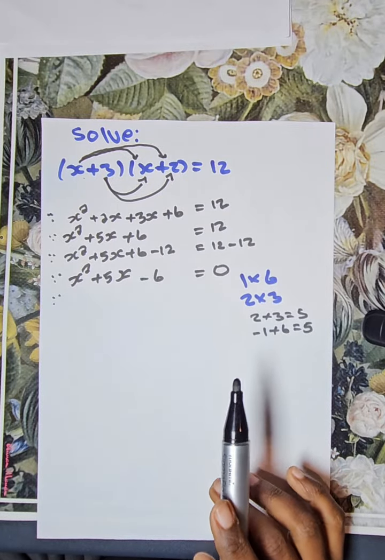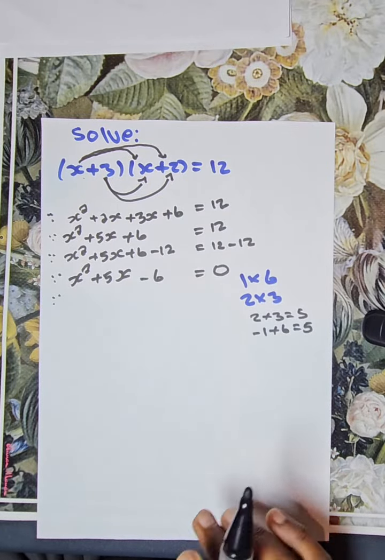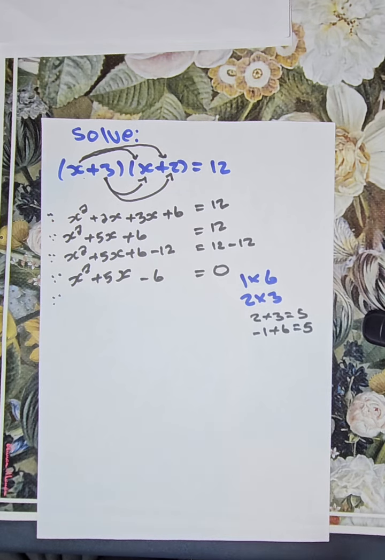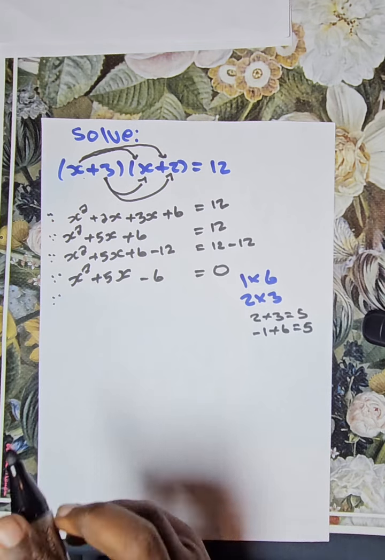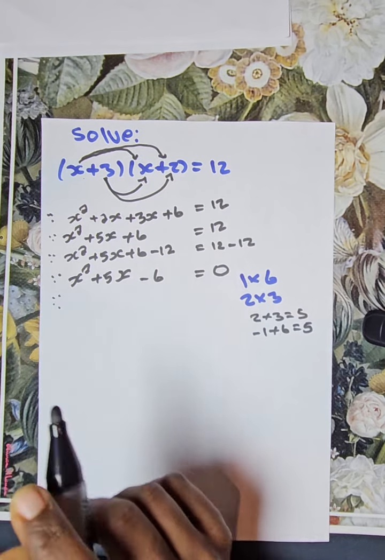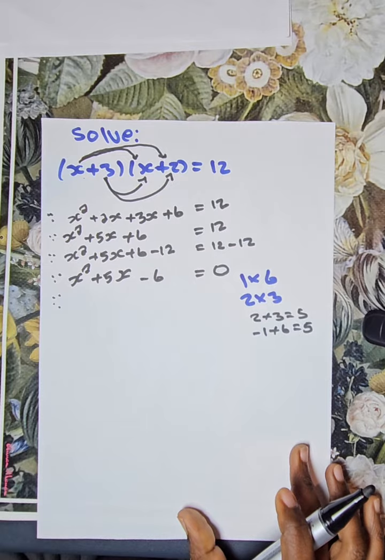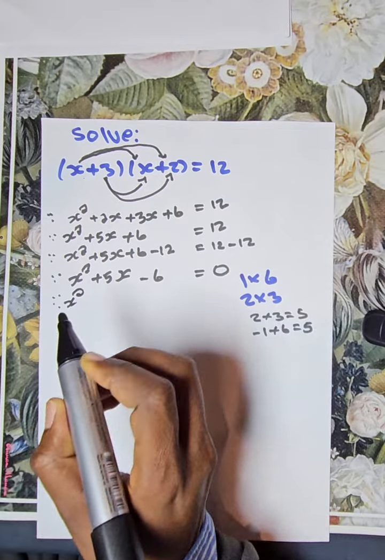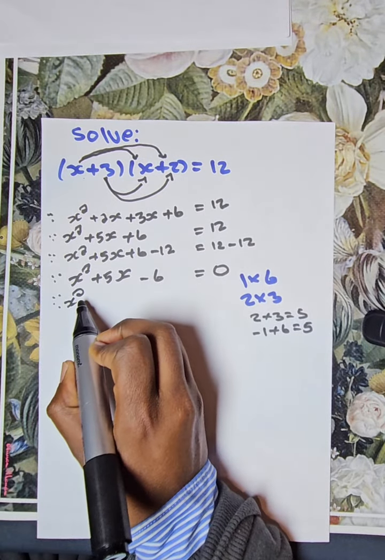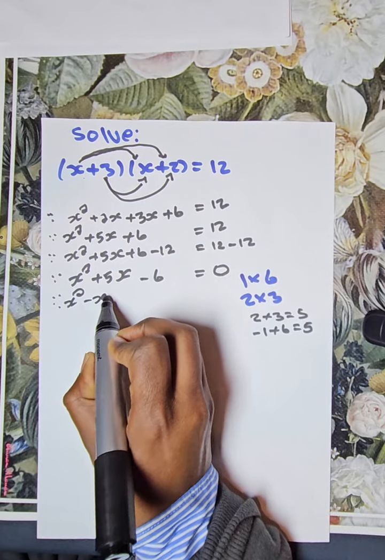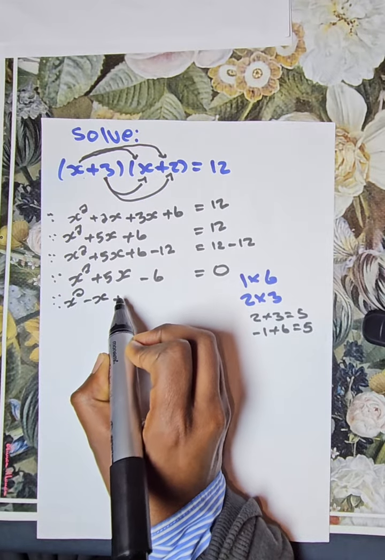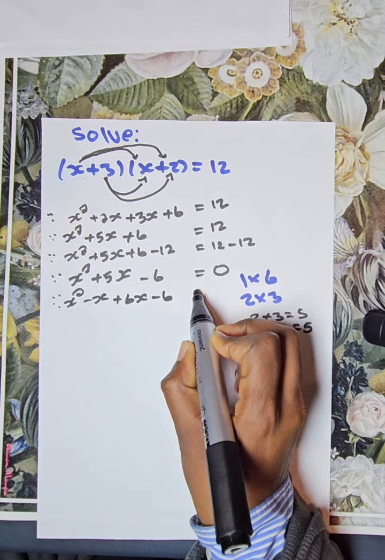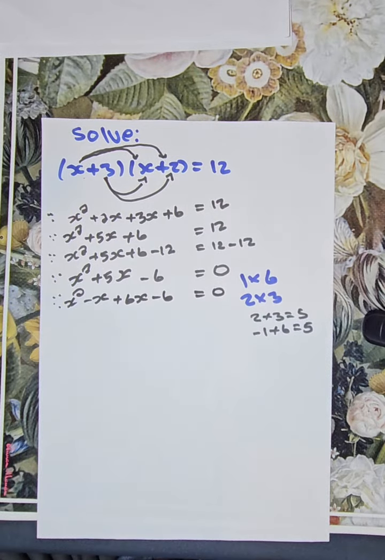And the bigger one must be positive. We're going to therefore choose minus 1 and plus 6, and we substitute in place of the 5x. Therefore, this simplifies to x squared minus x plus 6x minus 6 equal to 0.